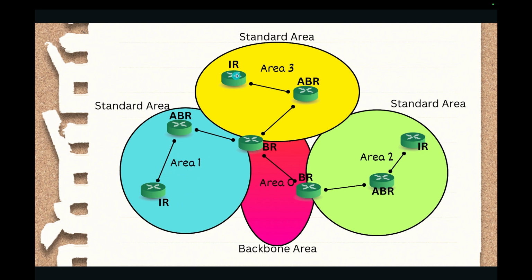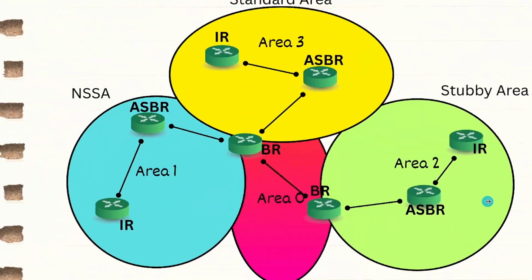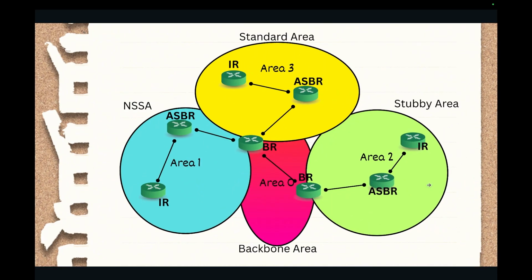This router has all its interfaces connected to area 3 only, this router has all its interfaces connected to area 1, and similarly this router has all its interfaces connected to area 2. That's why they can be considered internal routers, so I have written IR over here. So now look at the broader example of all the area types and all the different router types.